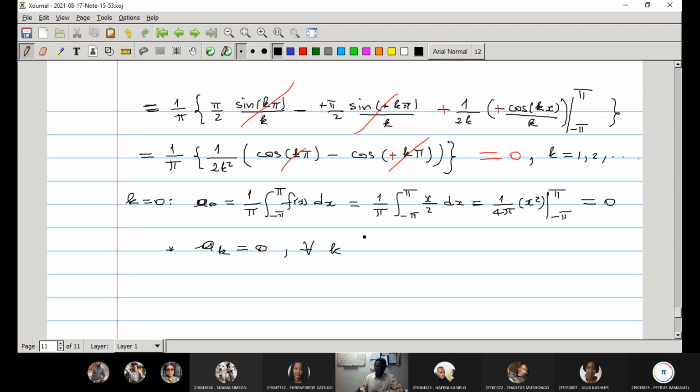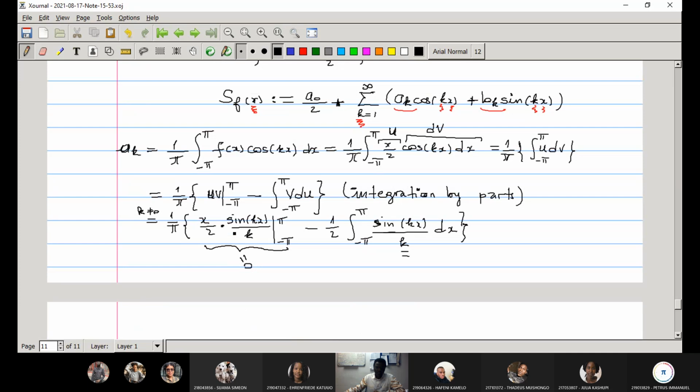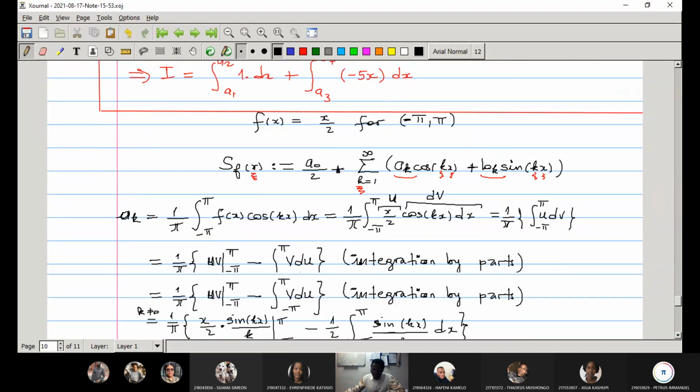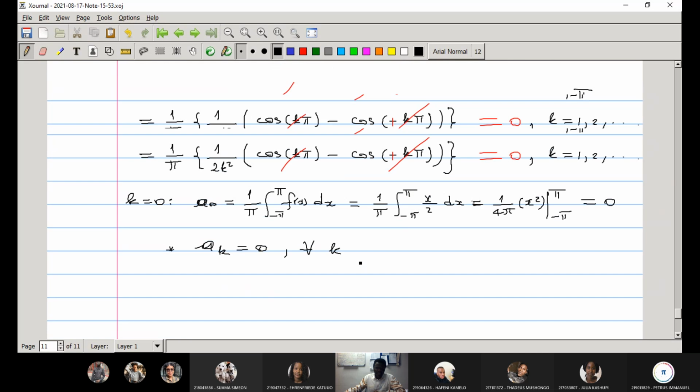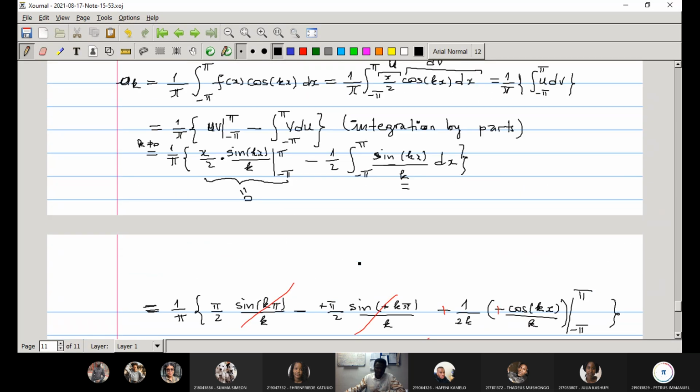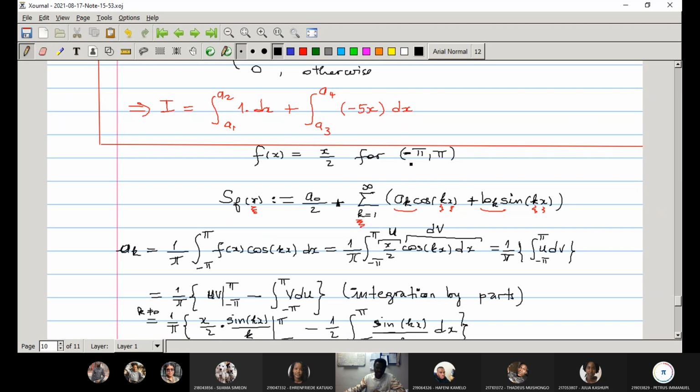But I will explain to you that there was no need for us to do all this computation. We could have just computed directly our bk. But it's fine, we can leave it that way. If you don't know, you just compute. But we could have seen directly that this function is an odd function.